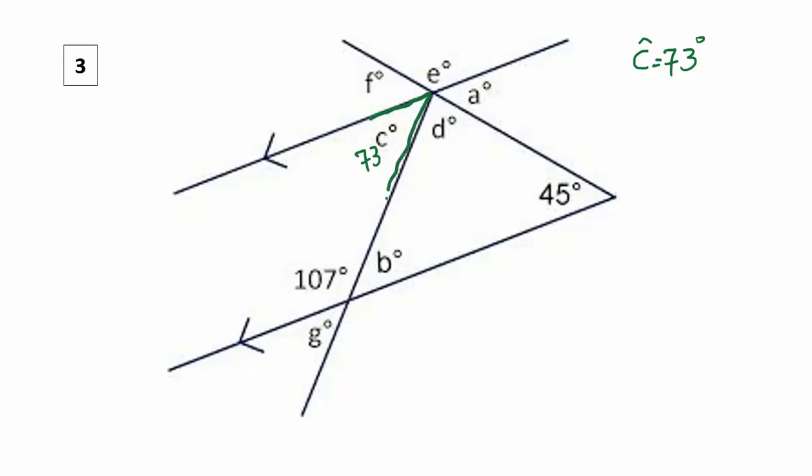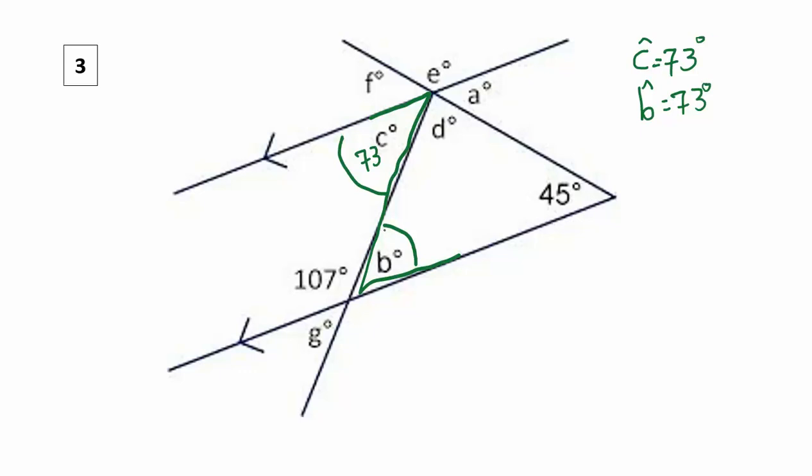Look at my Z shape over there, which means angle B will equal angle C because they are alternate angles. So therefore, angle B is equal to angle C, which was 73 degrees.